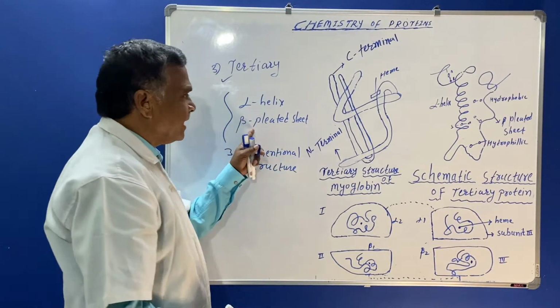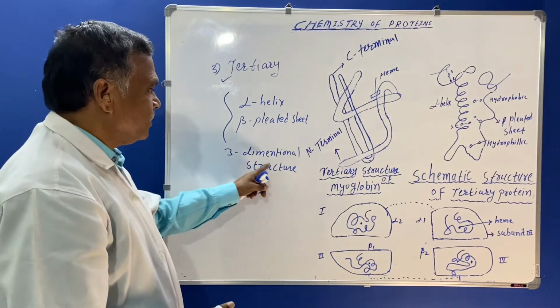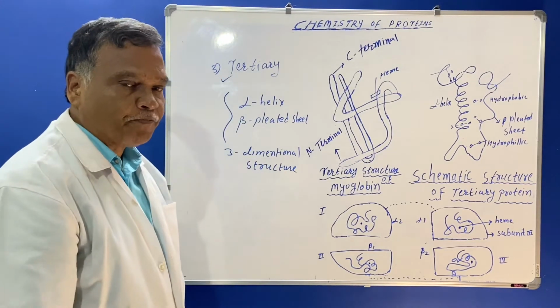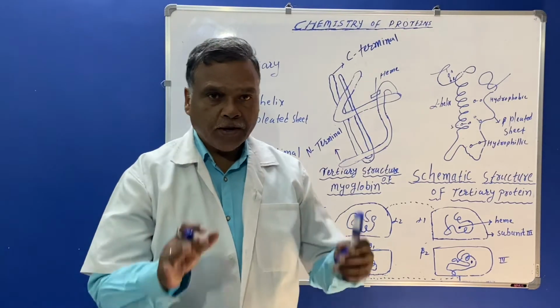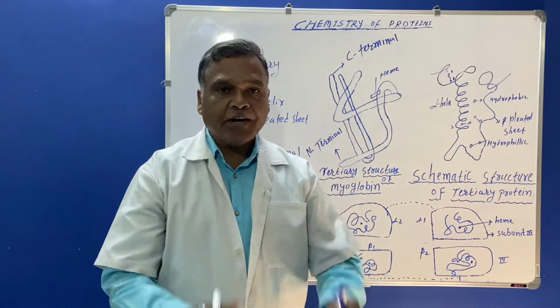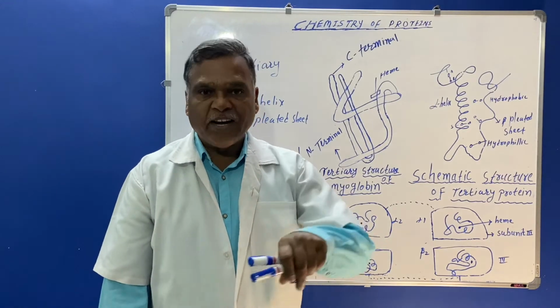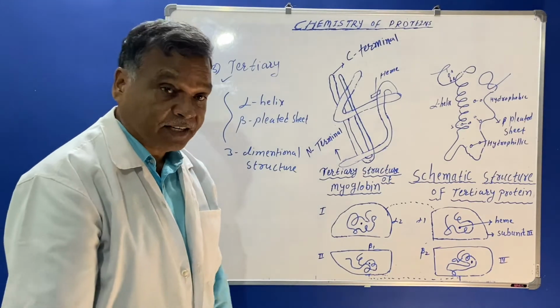It means that the secondary structure will be folded into a 3-dimensional structure known as the tertiary structure of the protein. So you can say that the interrelation of the twisted form of secondary structure leads to the tertiary structure, the three-dimensional tertiary structure.